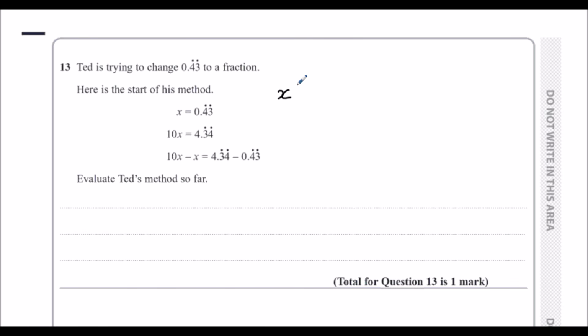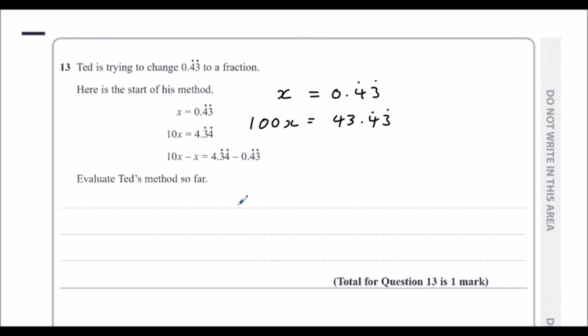So when we're changing a recurring decimal to a fraction, we want to get two things ending in the same recurring number. So to get something else ending in 43 recurring, we would have to times by 100 to get 43.43 recurring. So we can take them away, so we can get rid of them.